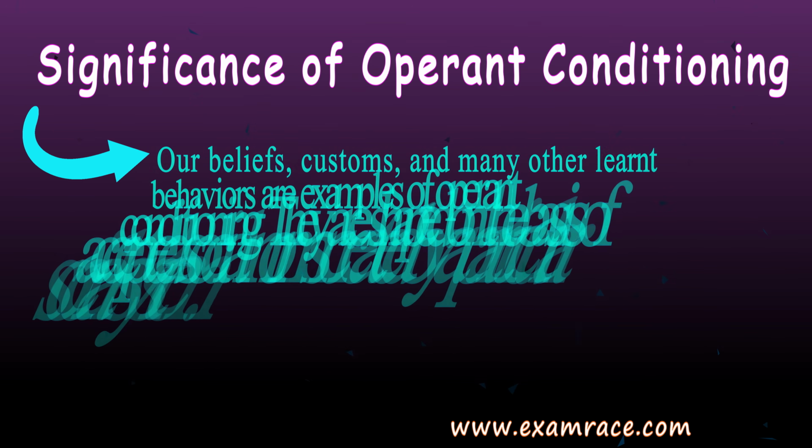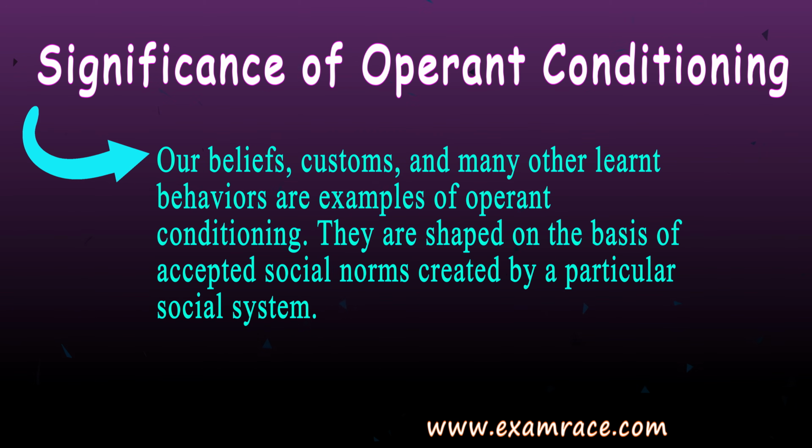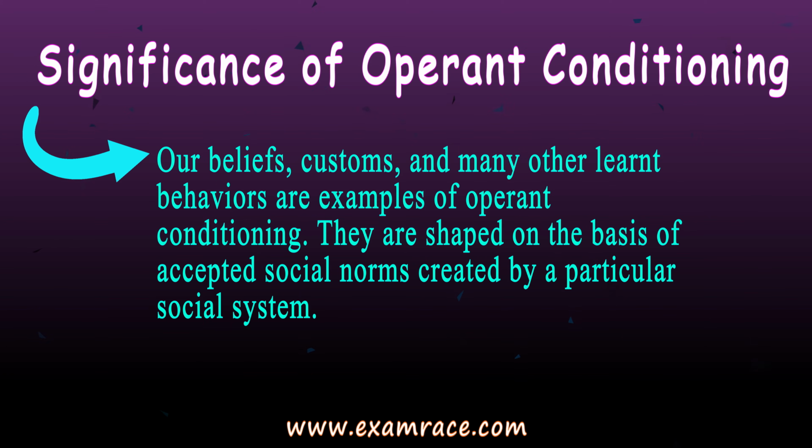Number 1, operant conditioning plays an important role in shaping the person according to the social system. It helps the person to accept the customs and beliefs of the society and lead a very happy social life.